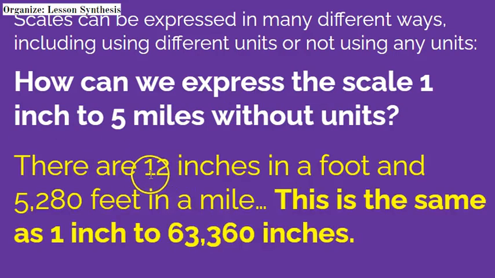Yeah, you've got to take 12 inches in a foot times 5,280 feet in a mile. So you could say that it would be a 1 to 63,360 scale. And then that would equal 1 inch being 5 miles.